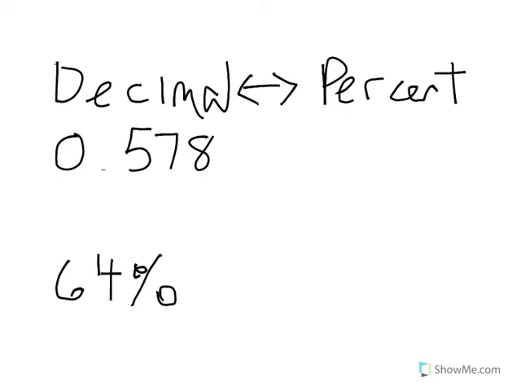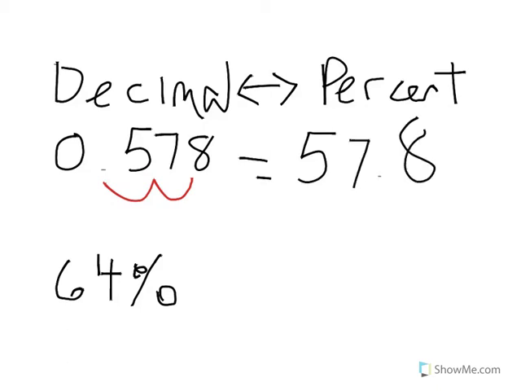Okay, now let's talk about converting decimals to percentages and percentages to decimals. It's very simple. To go from a decimal to a percent, we're going to move the decimal point twice. That's all we have to do. It's basically we're multiplying by 100 because we're putting it over 100 as a fraction, and then just ignoring the fact that it's a fraction. So this will give me 57.8%.